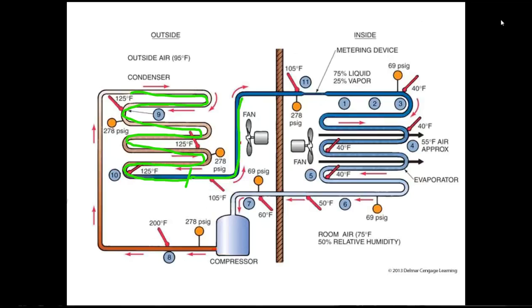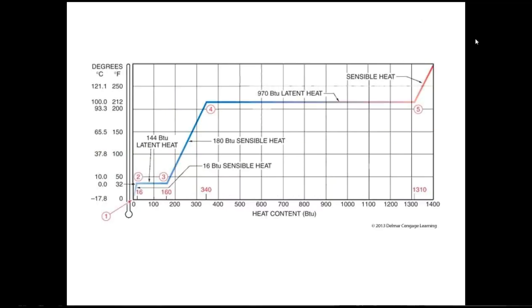And let's take a look at that. Take a look at our chart here real quick. All right, so let's take a look at what we just talked about. So here's our sensible heat. Remember, this is our superheated vapor point right here. It enters the condensing coil, and we are changing from 100% vapor back down to 100% liquid.